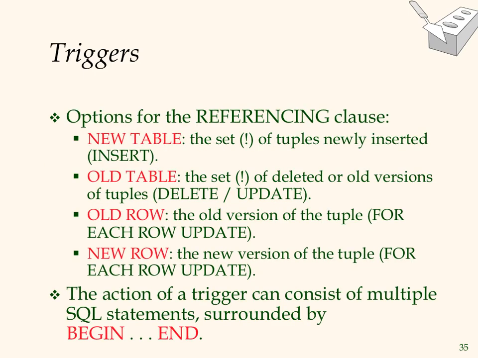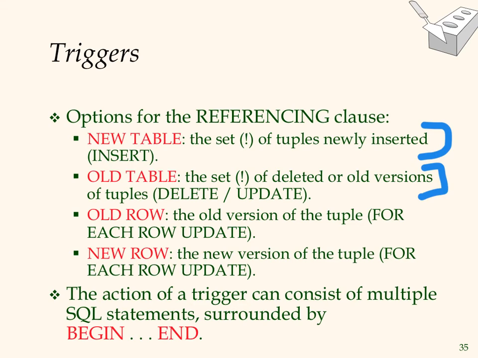I hope this works in this program. Okay, so one option was new table. That's what we saw. This will give you the set of tuples that were newly inserted. Old table gives you the tuples that were there previously, for example, the set of deleted ones, or if you did an update where you changed the ratings, it would give you the set of sailors with their old ratings.